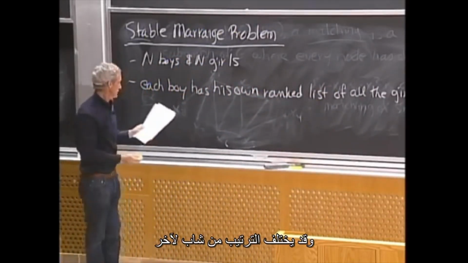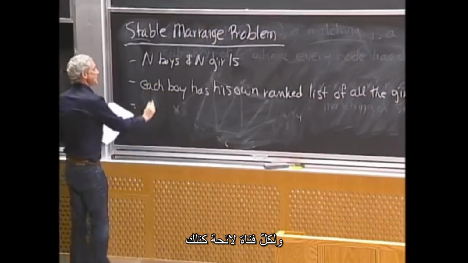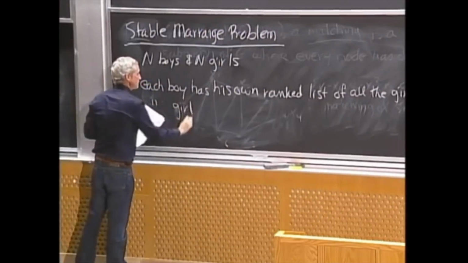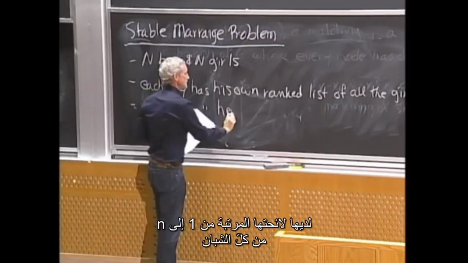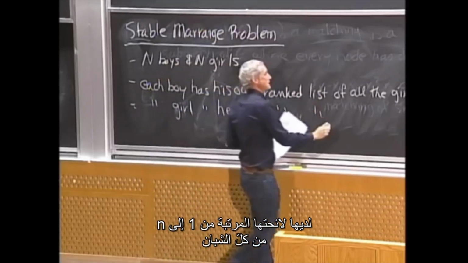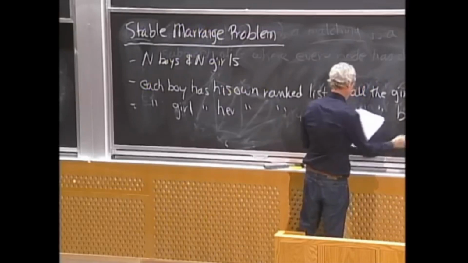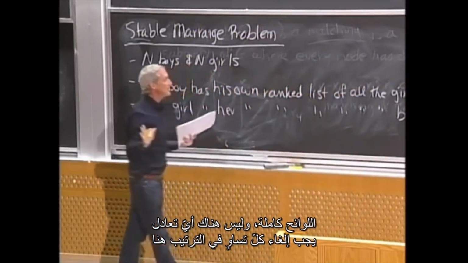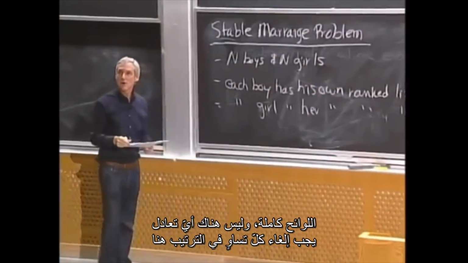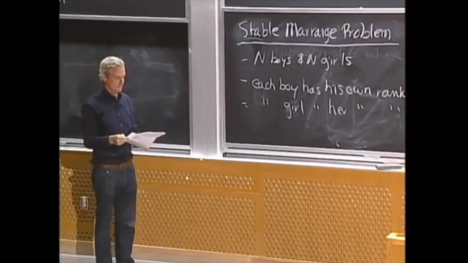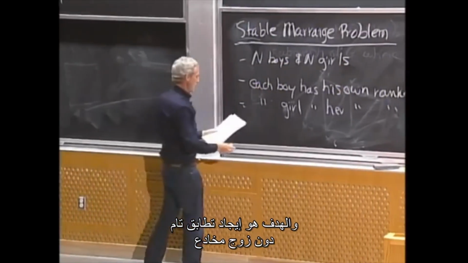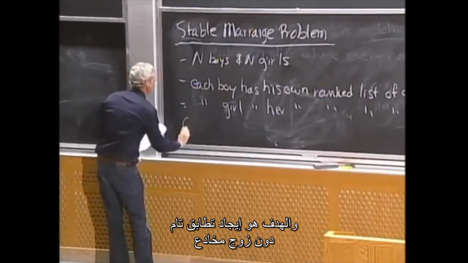The orders can be different for different boys. And each girl has the same thing: she has her own list, ranked 1 to n, of all the boys. The lists are complete, and there are no ties, so all the ties have to be broken here. And the goal is to find a perfect matching without rogue couples.